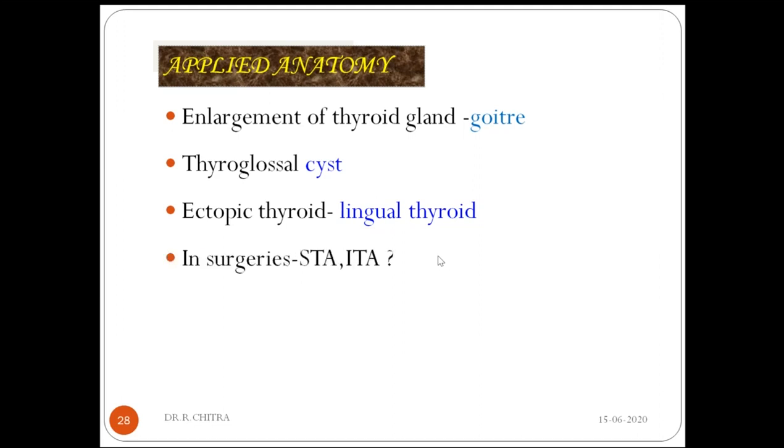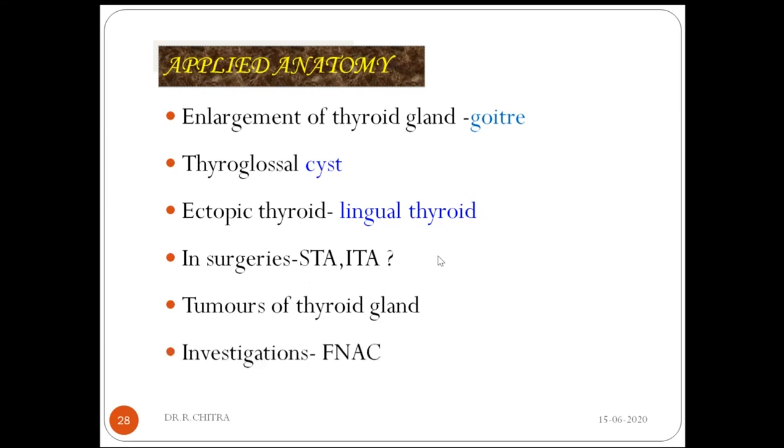In surgeries, you should know how to ligate the superior thyroid artery and how to ligate the inferior thyroid artery. Tumors of the thyroid gland are also common. How to investigate this thyroid gland swelling, whether it is benign or malignant? The procedure you will do is fine needle aspiration cytology, FNAC.